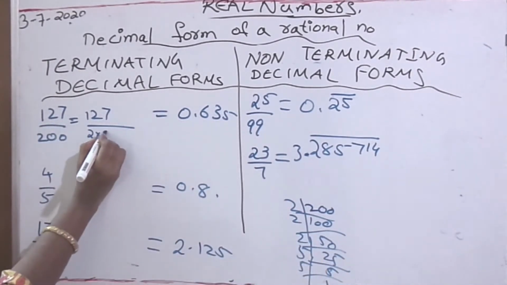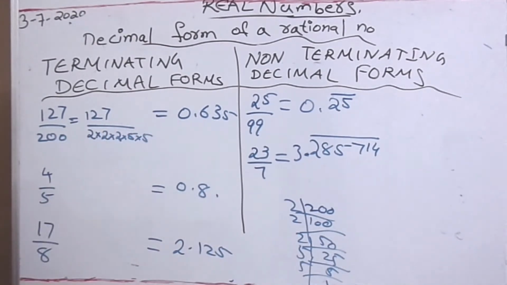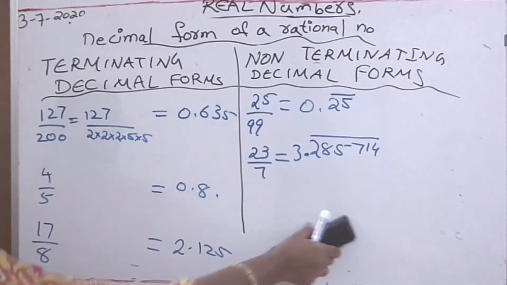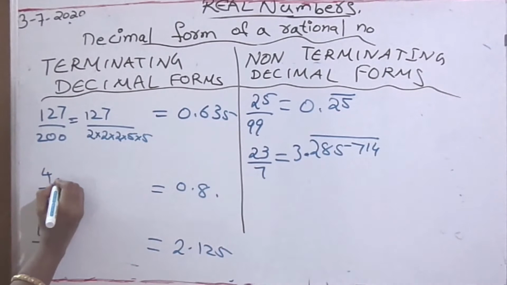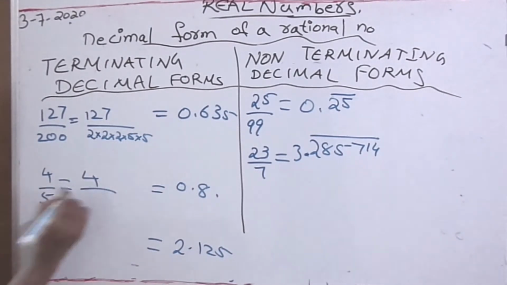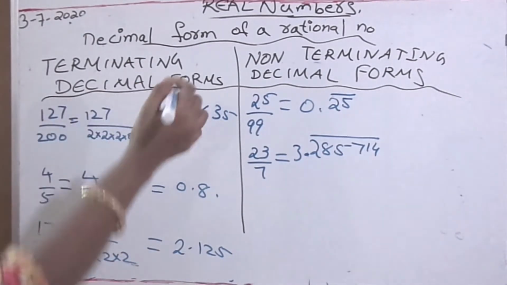So how many 2s? 2 into 2 into 2 into 5 into 5. Okay. So these are the factors. I'll tell you why I'm listing the factors. 4 upon 5. What are the factors of the denominator? 5 into 1. 17 upon 8. What are the factors here? 2 into 2 into 2. I'm finding the factors of the denominator.